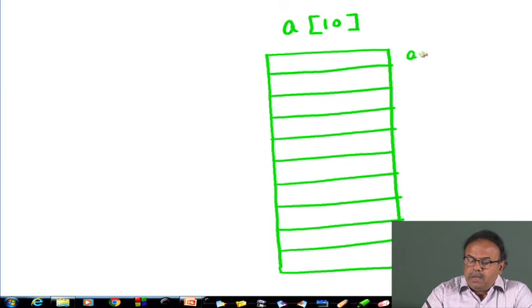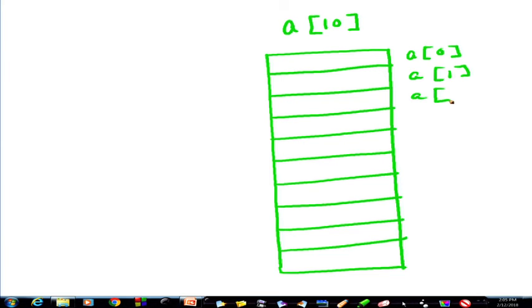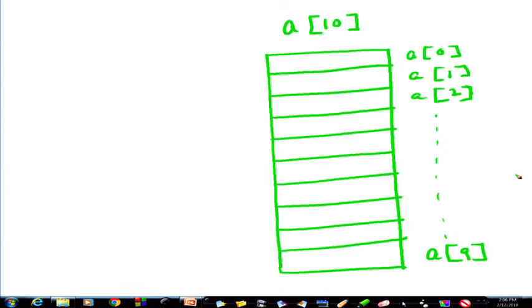All right, and these are A0, A1, A2 up to A9, right. These are the locations, we know that. We also know that an array is allocated contiguous memory locations by the compiler. So, all these are contiguous.